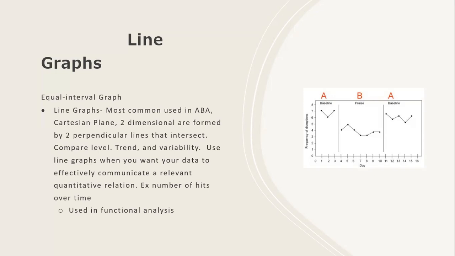And you don't have to worry about that because a lot of times you have computer generated stuff. All you do is put the data in and it generates the graphs for you. You want to look at the level, the trend, and the variability of those. Use line graphs when you want your data to effectively communicate relevant quantitative relations, like number of hits over time. It's also used in functional analysis to figure out the function of the behavior.